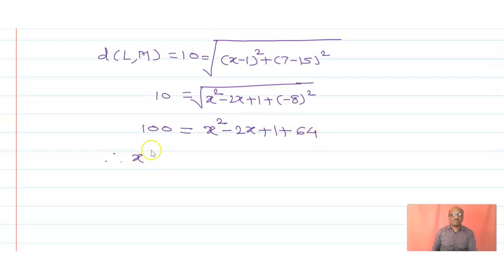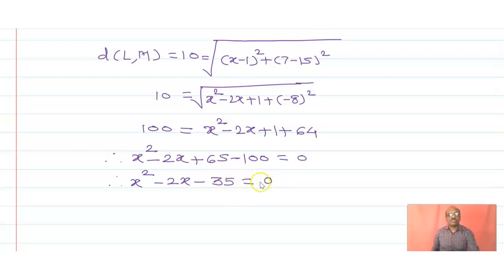Therefore, x square minus 2x plus 65 minus 100 is equal to 0. Therefore, x square minus 2x minus 35 is equal to 0.